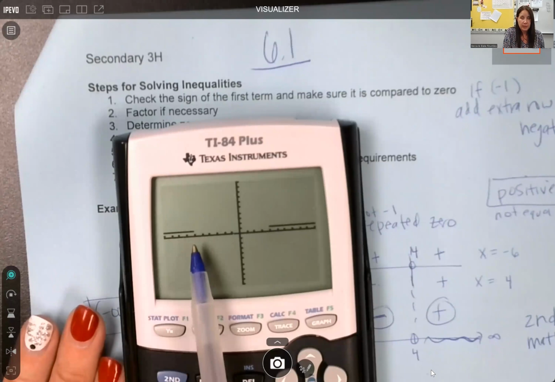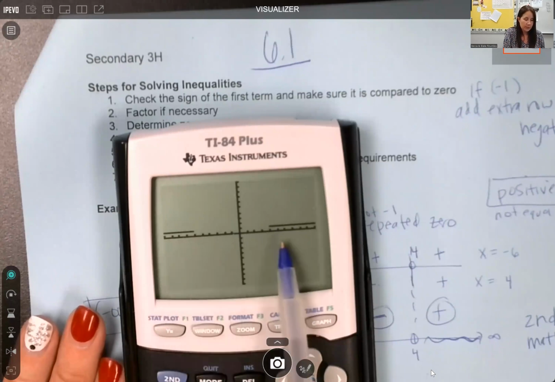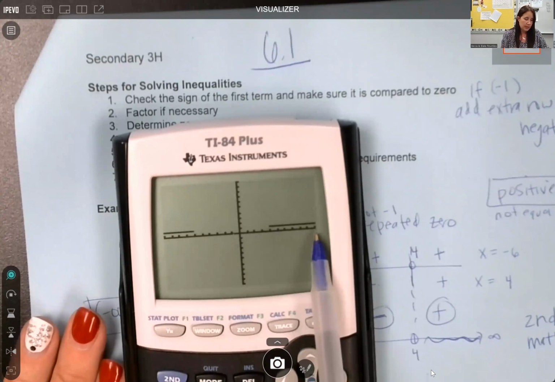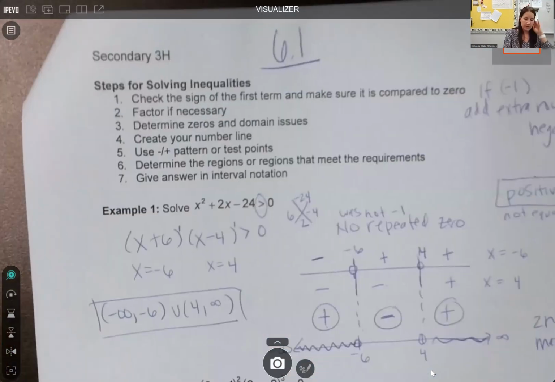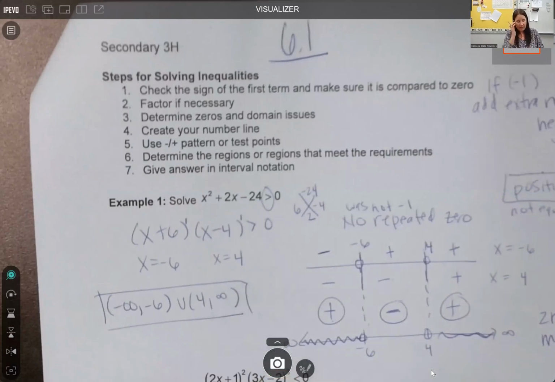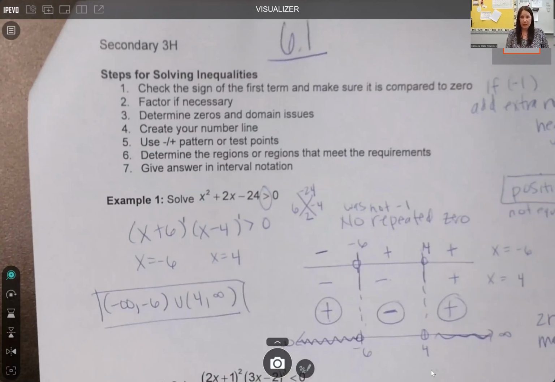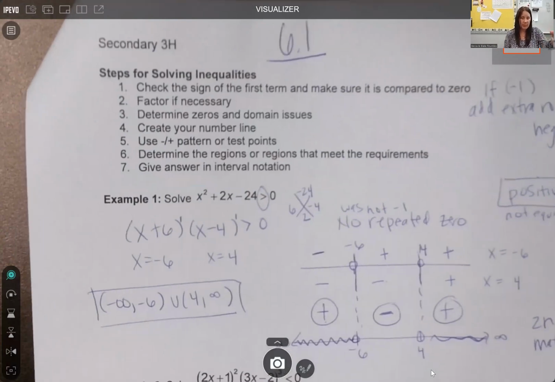I would have to know that that's a parenthesis. Over here, 1, 2, 3, 4, I could take a good guess that it's 4, but I don't know for sure. 4 to infinity. That's a couple of ways you can check your answer to see if it makes sense. Remember, you have to show your work to get any points, but it's always good to double check your answers to make sure you are following the right way.